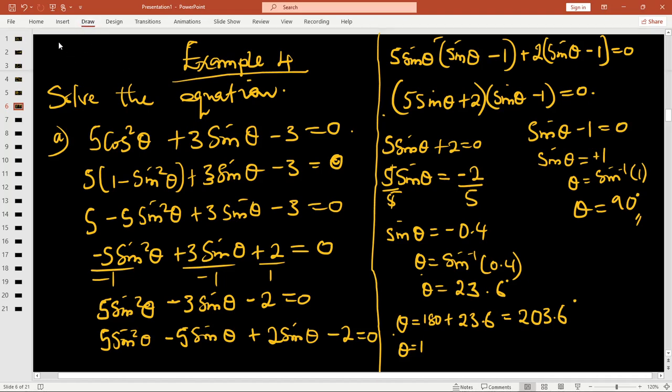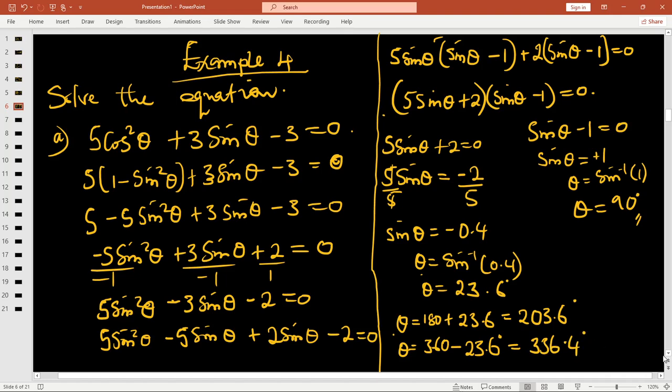Then we also say theta is equal to 360 degrees minus 23.6 degrees. So 360 minus 23.6 degrees, we have 336.4 degrees.